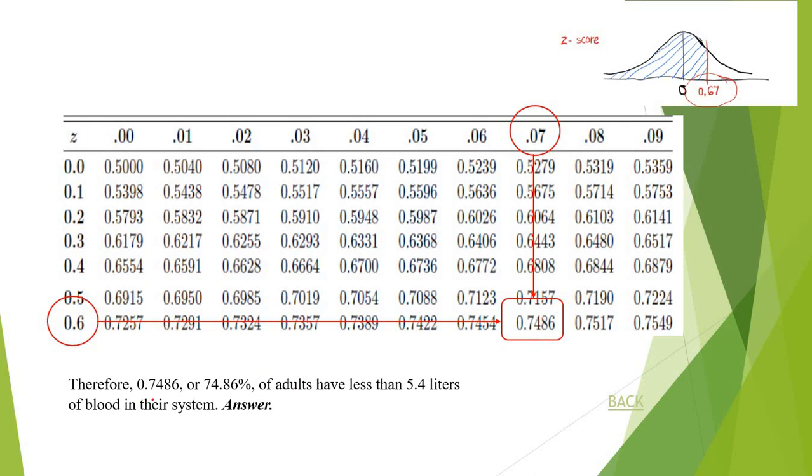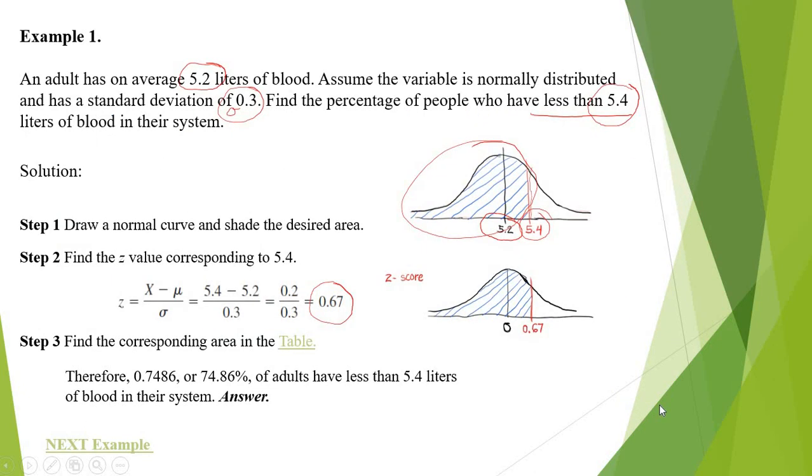So therefore, we have 74.86% of adults have less than 5.4 liters of blood in their system. So that is how we determine the probability for z equals 0.67 to the left. So again, here is our answer.